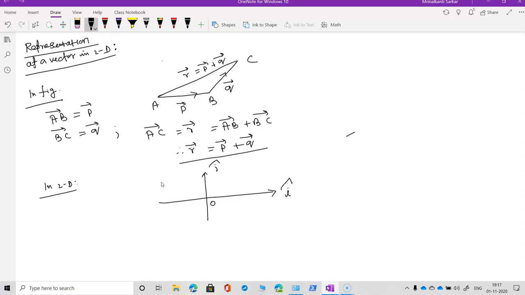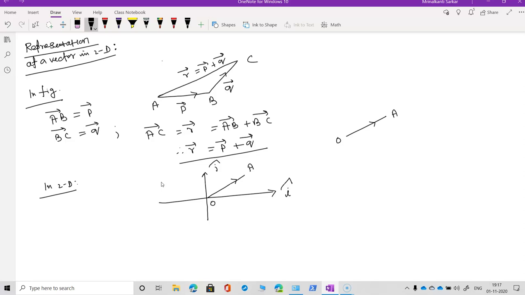So if there is a vector anywhere in the plane that you slid, you take it here, O to A, draw a perpendicular here. We slid the vector parallel to itself to take it from the origin. This tail coincides with the origin. Then OA vector is taken here, the same vector is taken at the origin.